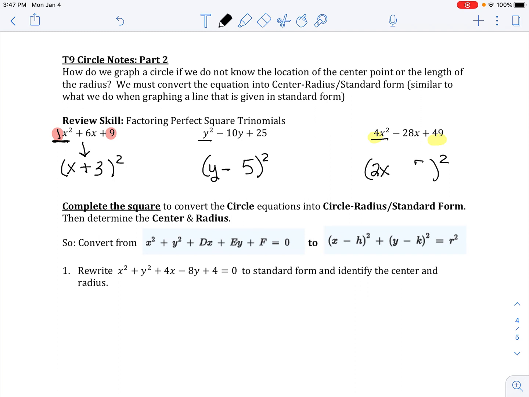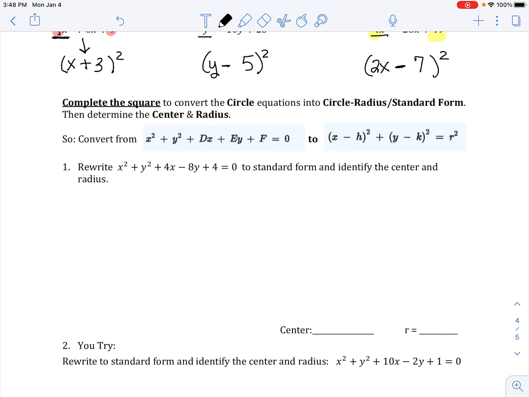You're going to square root 49, that's 7, that minus becomes the sign. And so that's a review of factoring perfect square trinomials. Now, we didn't really need to know the pattern to factor earlier, but now you're going to see how it applies to working with circles.